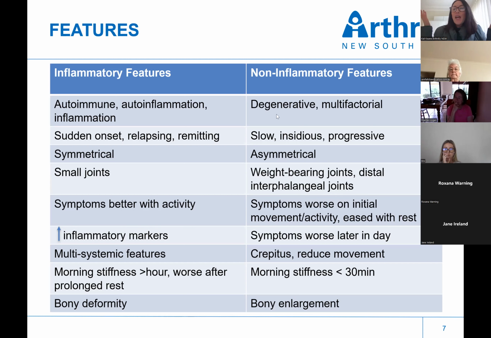And so I often say, which is worse, inflammatory or non-inflammatory? Well, that's probably not for me to say, but in saying that, with rheumatoid arthritis or those inflammatory forms of arthritis, the progression is probably more challenging to predict. And you can be on some pretty hectic medications to dampen the immune system, which leaves you susceptible to other infections, viruses, and bacteria.